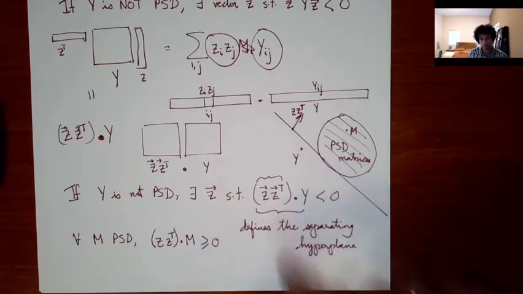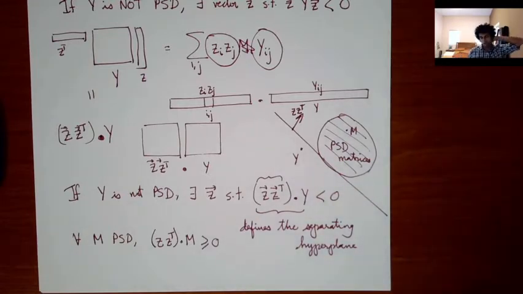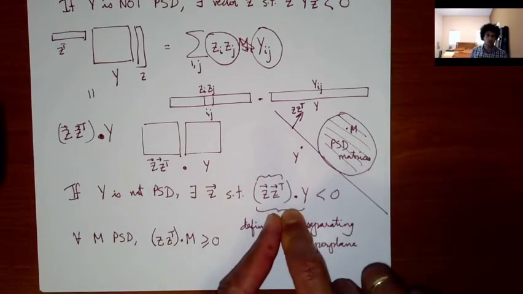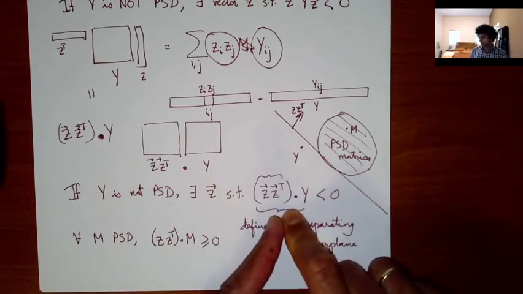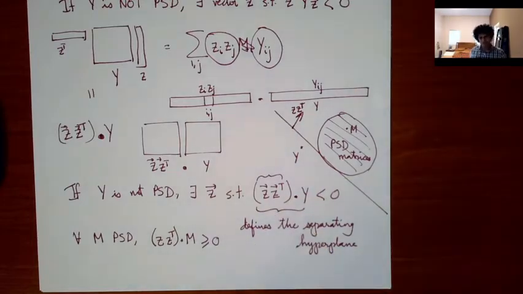The certificate of being not PSD actually ends up giving you a separating hyperplane, and that's why you can use the ellipsoid algorithm. It's quite non-trivial. The fact that this convex body has a separating hyperplane comes from the fact that you can rewrite the Rayleigh quotient as a dot product. In some sense that's because of the linearity of the Rayleigh quotient. Does that make sense? Hopefully that clarifies some of this.